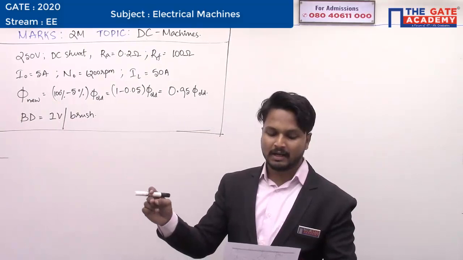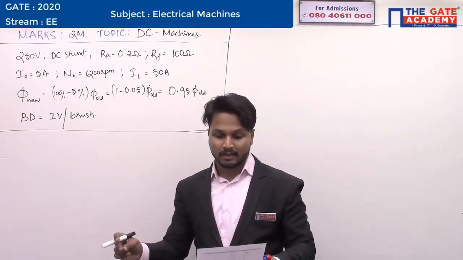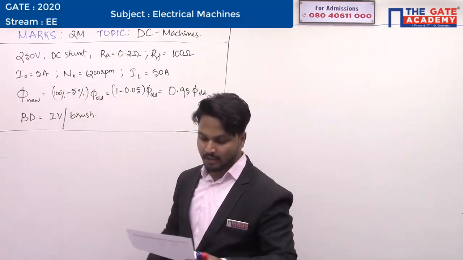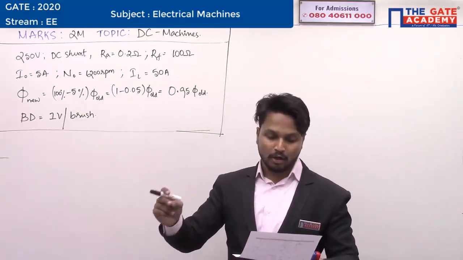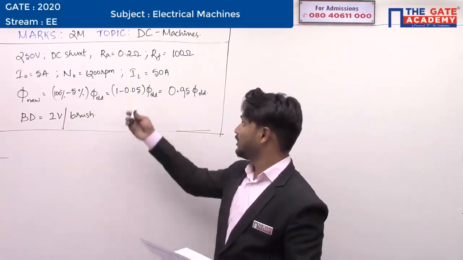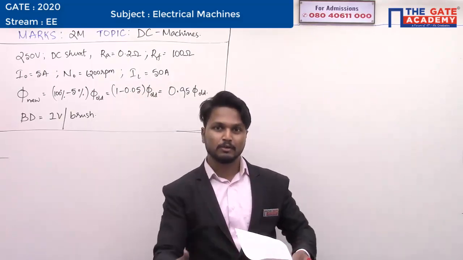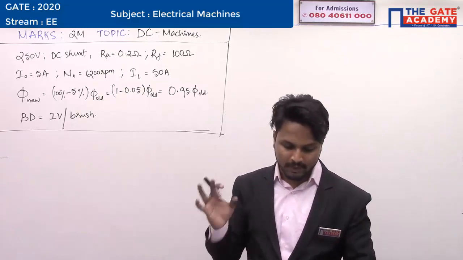And runs at a speed of 1200 rpm, right? So at no load it runs at 1200 rpm and draws a load current of IL is equal to 50 amperes. When the machine is loaded, it draws a current of 50 amperes.